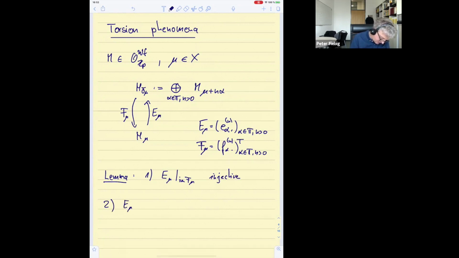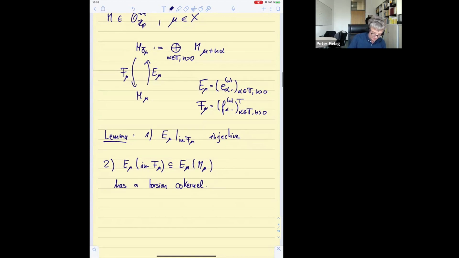If we apply E_μ to the image of F_μ, then this, of course, sits inside the image of E_μ. And this has a torsion cokernel, so it's annihilated by some power of p.